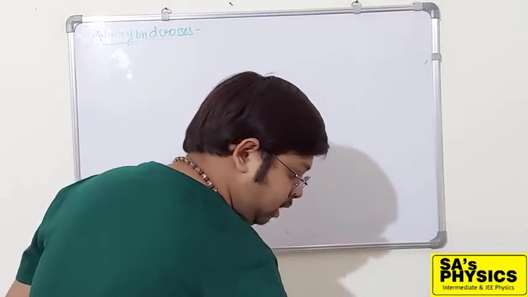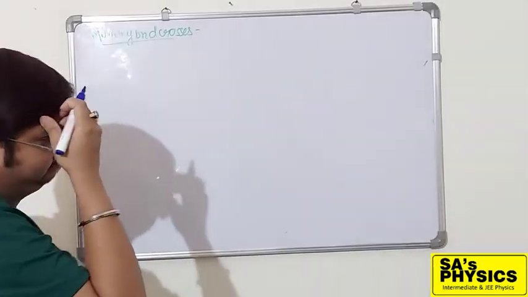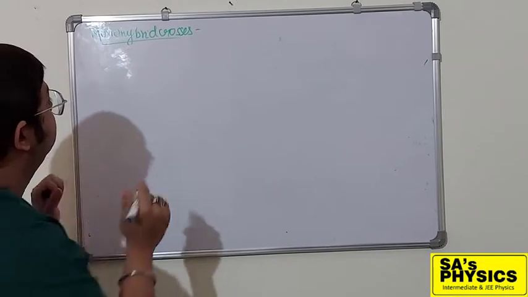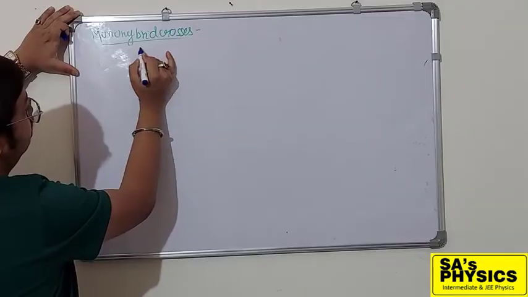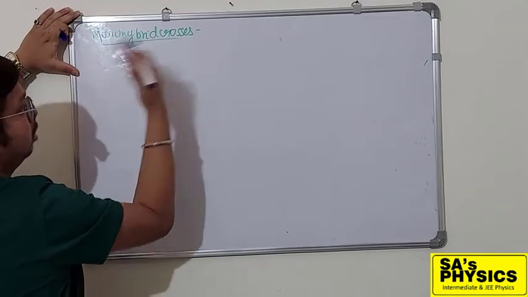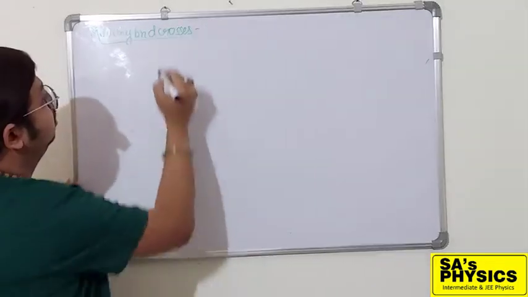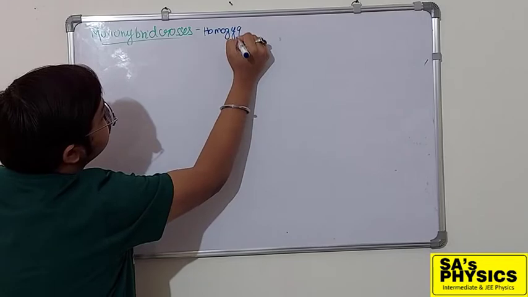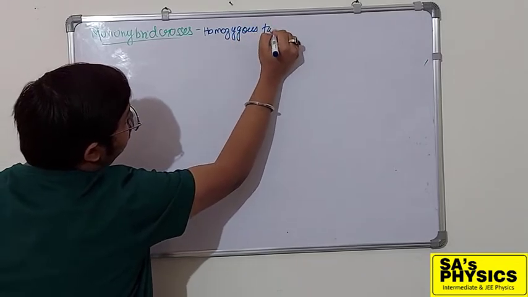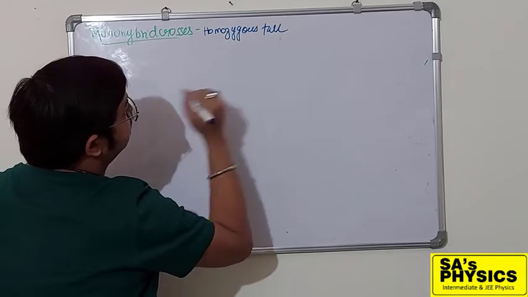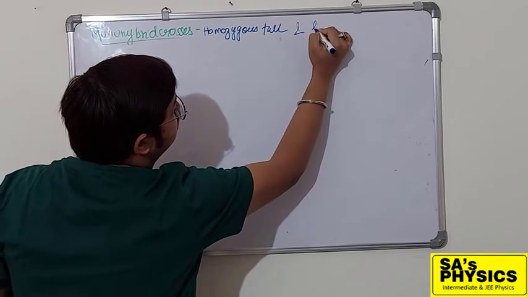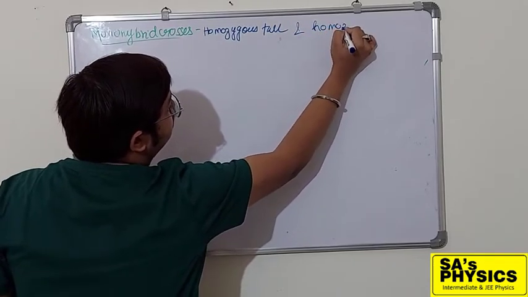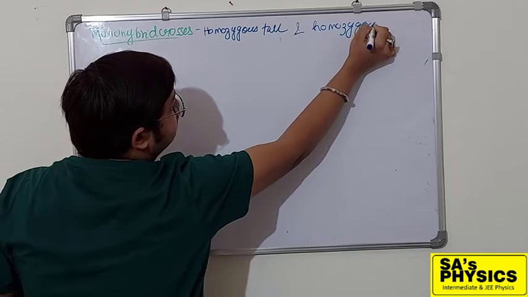Now, suppose a cross is made between homozygous tall and homozygous recessive.